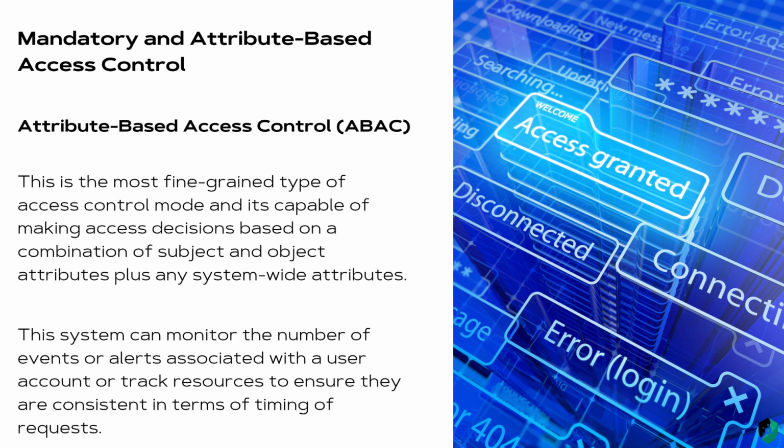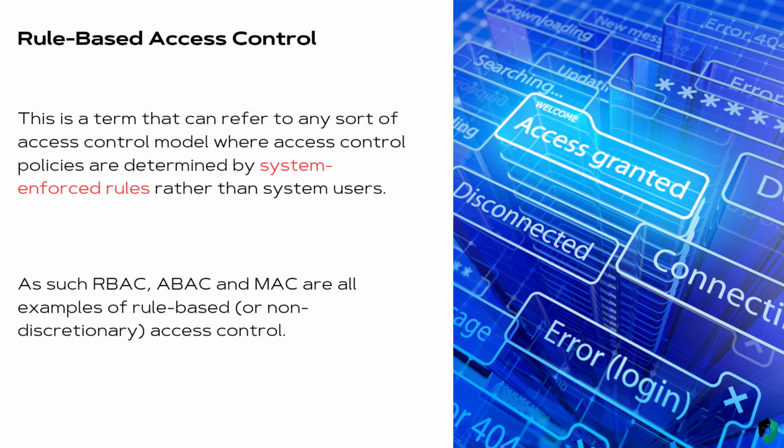Now, for the attribute-based access control, the ABAC, this is by far the most fine-grained type of access control model, and it is capable of making access decisions based on a combination of subject and object attributes plus any system-wide attributes. The wonderful thing about this model is that it can also monitor the number of events or alerts associated with a user account, or even track resources to ensure they are consistent in terms of timing of requests.